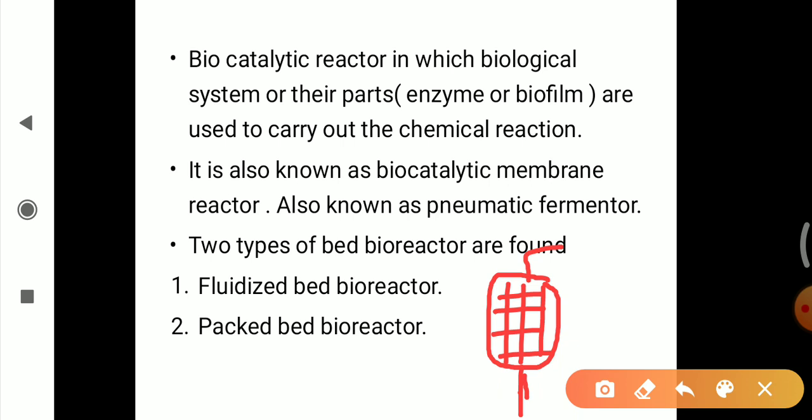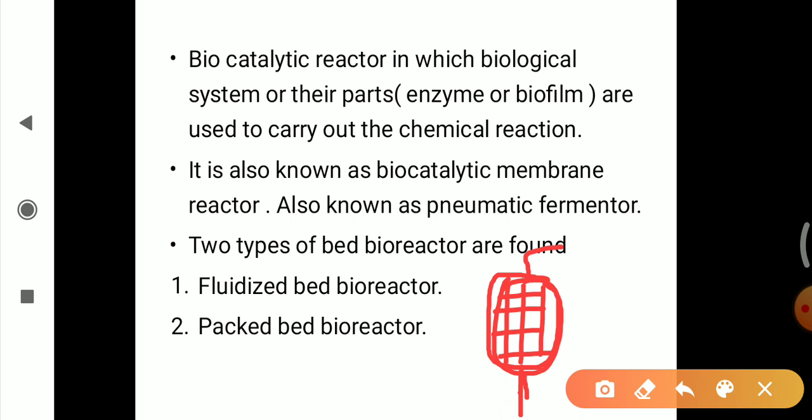The bioreactor has a packaging material containing microorganisms or enzymes immobilized on it. Mostly in the fluidized bed bioreactor, the consistency of the packaging material is jelly-like or semi-solid.